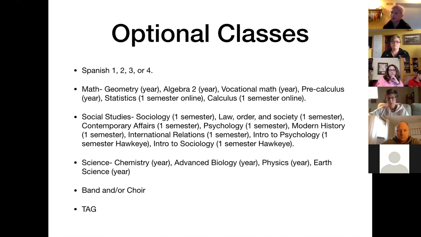If you're going the private route, those core credit classes will still help you. Another good reason to take a 4th year of one of these core classes is that it's going to help you with your ACT, and then you're not going to have gaps in those core subject areas when you go into college, if that's something you're planning to do.